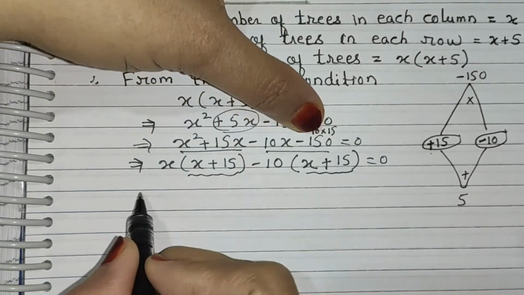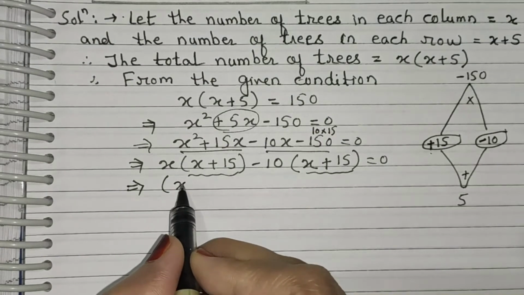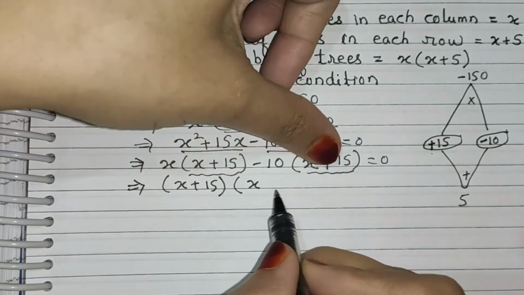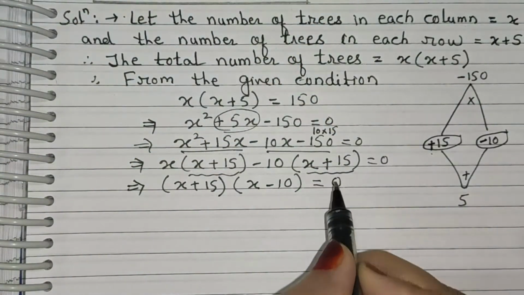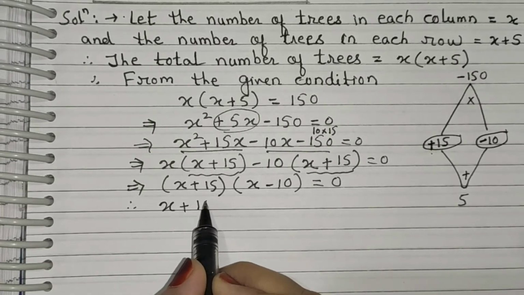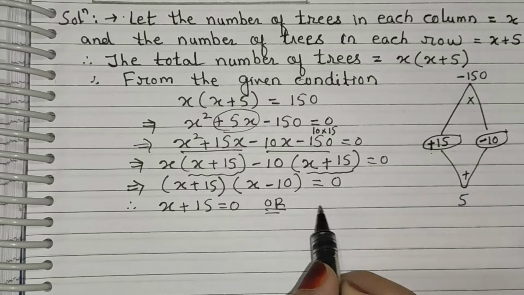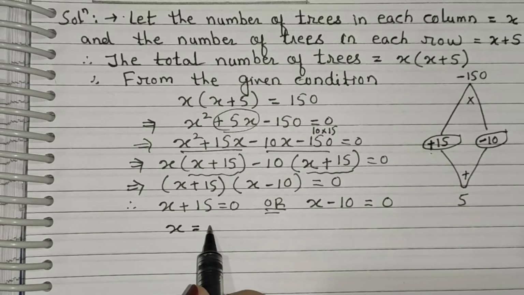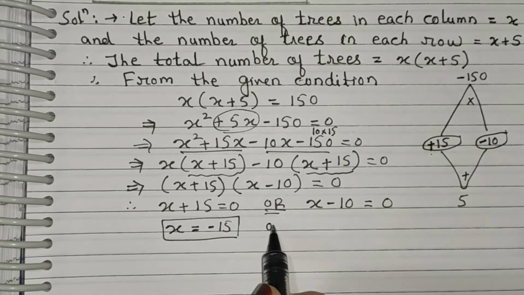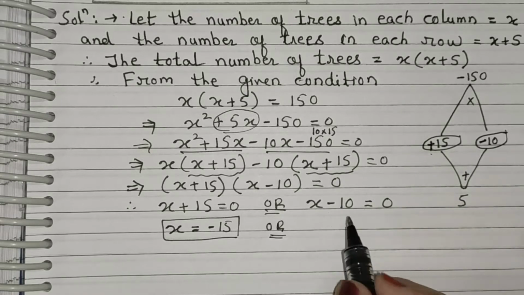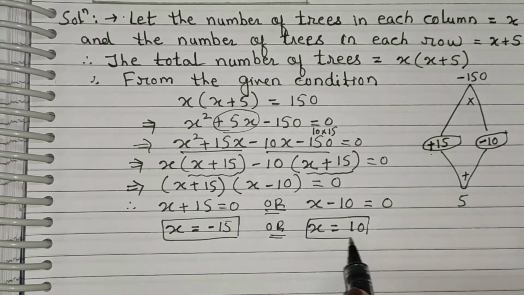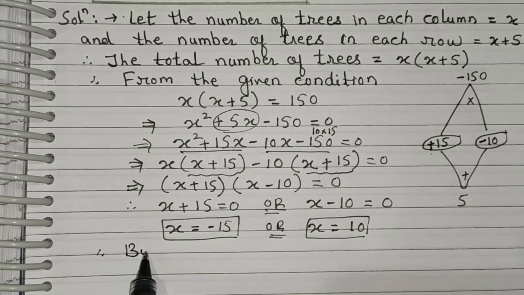Now look at the bracket here, it is common, take it outside, x plus 15, first bracket, and the second bracket contains x minus 10 is equal to 0. Therefore either first bracket is equal to 0 or second one is equal to 0, means x plus 15 is equal to 0, find out the value of x here, minus 15, or second one is x minus 10 equal to 0, x is equal to 10, but the number of trees cannot be negative.